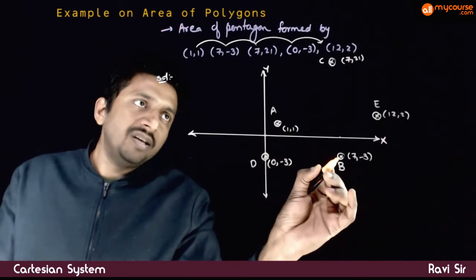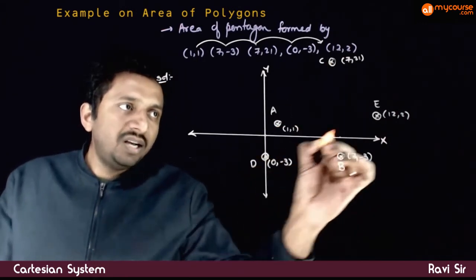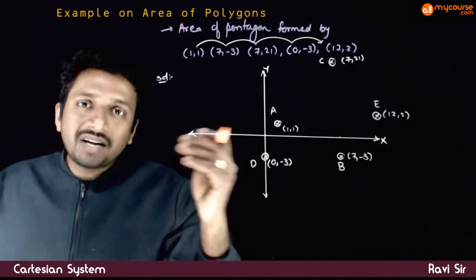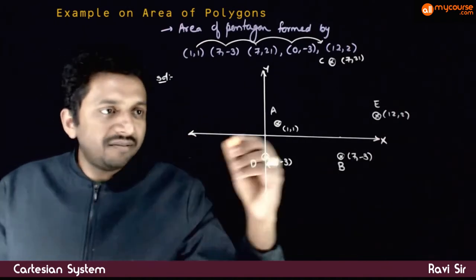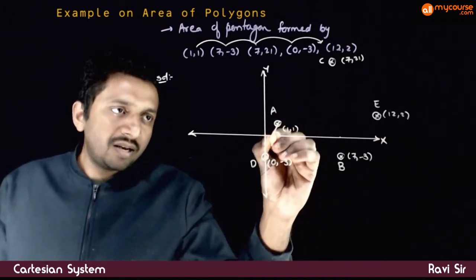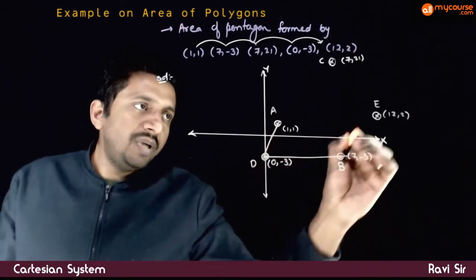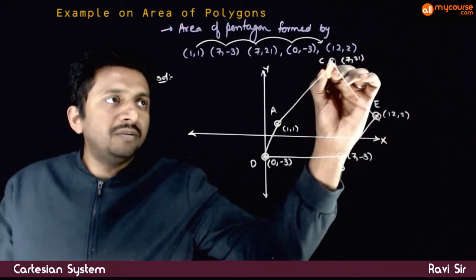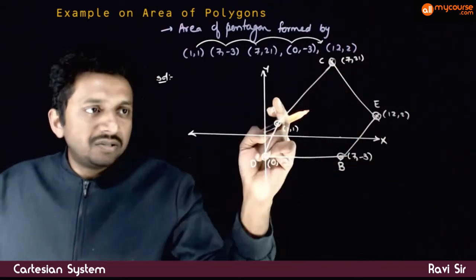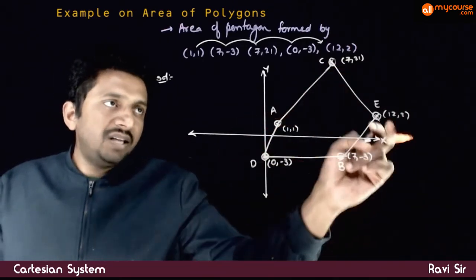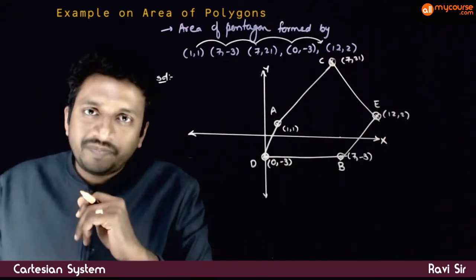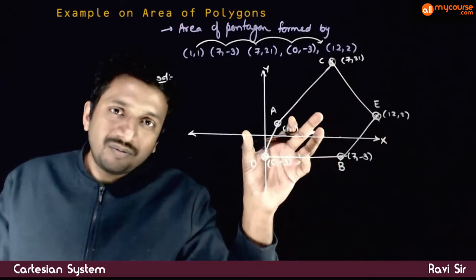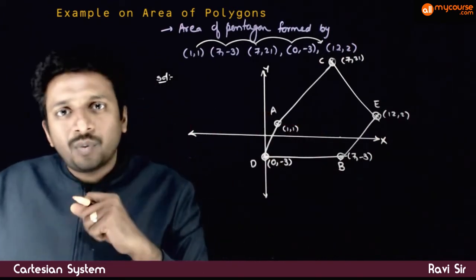So A to B, B to C, C to D, D to E won't give a pentagon. So what is the correct order of vertices? A can go to D, then to B, then to E, then to C, then back to A. So the order is A, D, B, E, C, back to A. Now you need to apply the staircase method for this order of vertices.